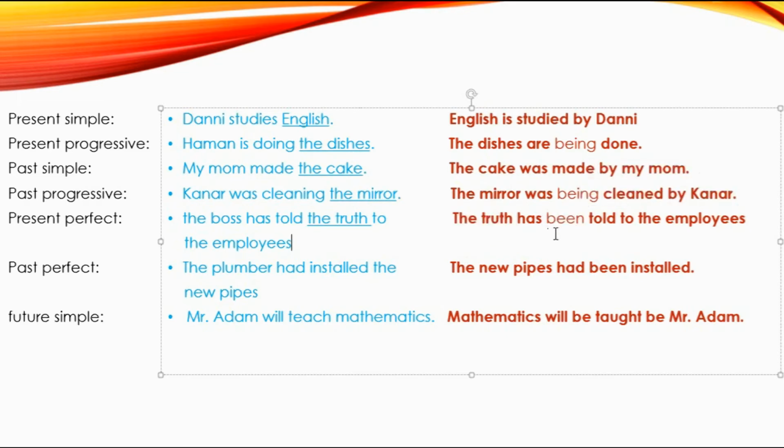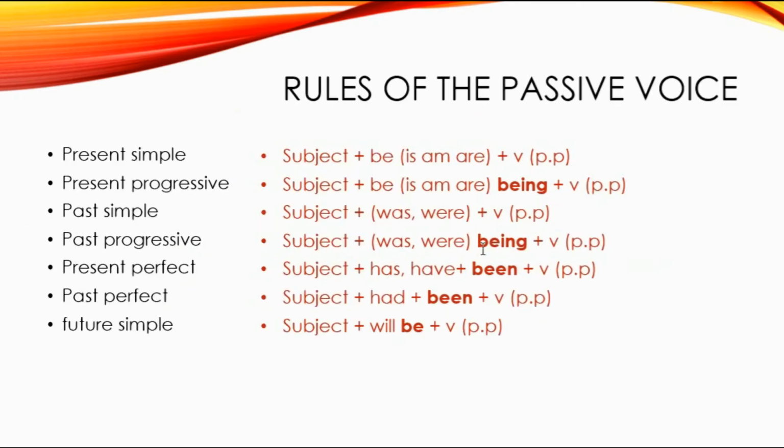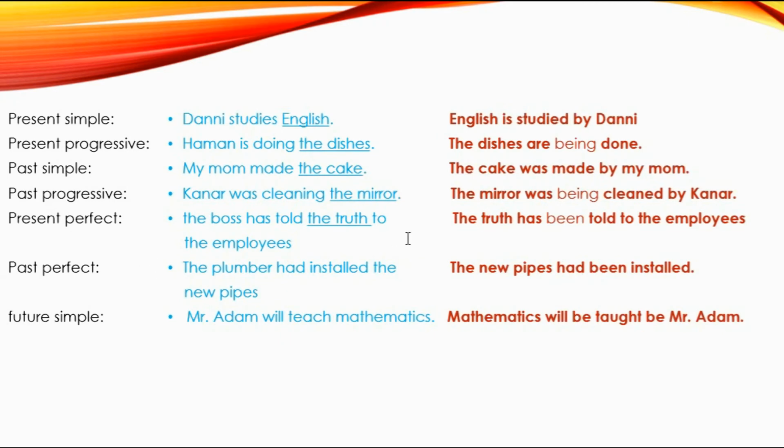It doesn't change, as I mentioned it here, right? In this case. So the truth is my object. It becomes subject here. Has been told. So told here is my verb, and the past participle is the same because I have a perfect tense here, so it doesn't really change to the employees, right? And this is the end of the sentence.